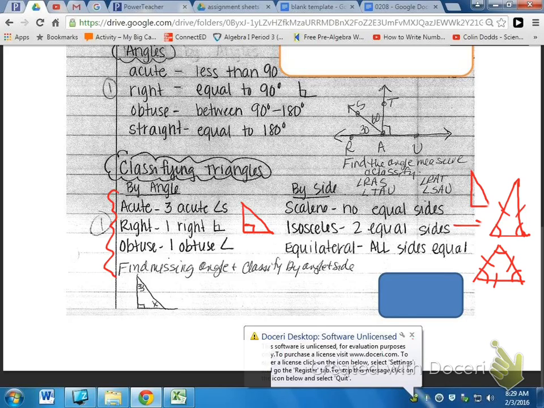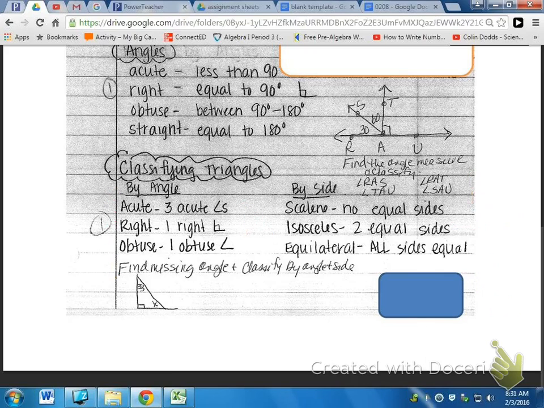Acute. 60. They'd all be acute, but they'd all be 60 because it'd be 180 divided by 3. These would all have to be 60-degree angles. So an equilateral has all sides equal and all angles equal. It's also called equiangular, something I'm just telling you in advance for when you're in geometry. But you will classify them by side and call it equilateral.